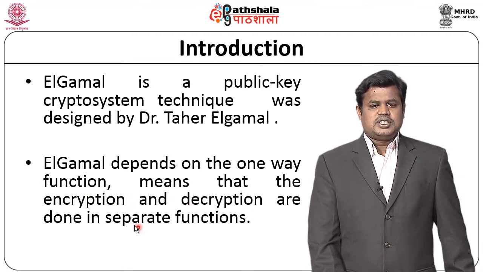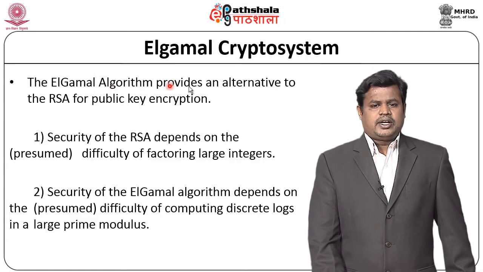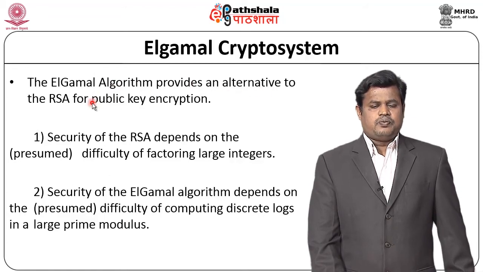ElGamal provides an alternative to RSA, a crypto system which we have discussed earlier for public key encryption. With RSA we already covered the public key and private key, how the keys are generated, and also the encryption and decryption process.